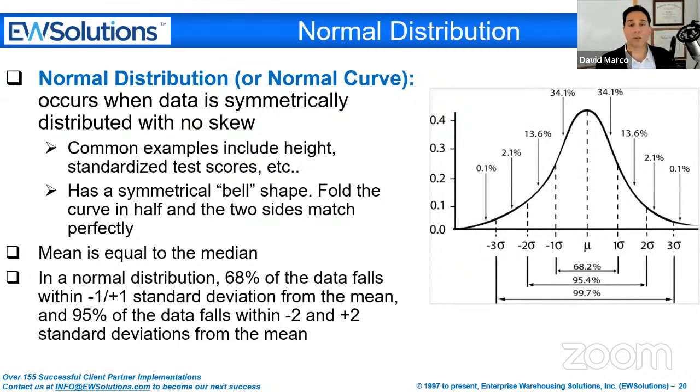So it's symmetrical and actually ends up being a bell shape. So if you fold it in half, the two sides match one another. By the way, when you see the word mean, it means median. In a normal distribution, 68% of the data falls between -1 and +1 from the mean. And 95% of your data should fall between -2 and +2. This is a classic bell curve that probably all of us have seen.